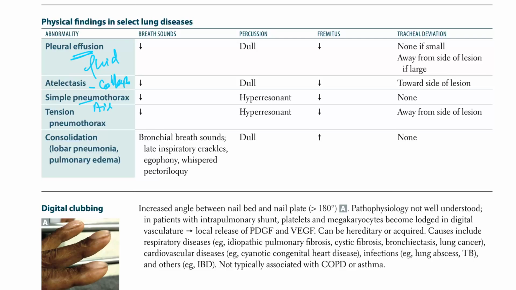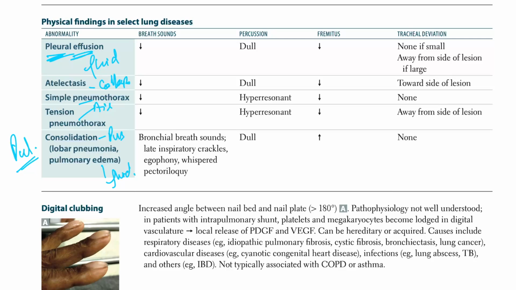A simple pneumothorax is different from a tension pneumothorax, but pneumo is air. In lobar consolidation, you're looking at pus, and pulmonary edema is just fluid, right? This is pulmonary, and this is your pleural fluid, different.